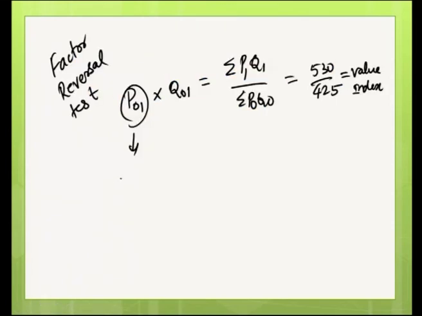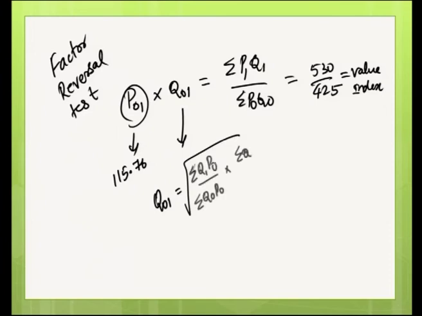P01 is 115.76 and Q01 is calculated as root of summation Q1 P0 by summation Q0 P0 into summation Q1 P1 by summation Q0 P1 into 100, and this is equal to 107.73.